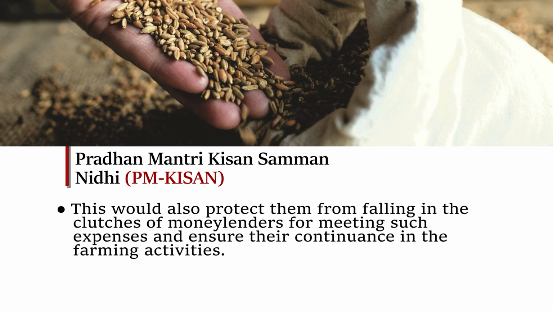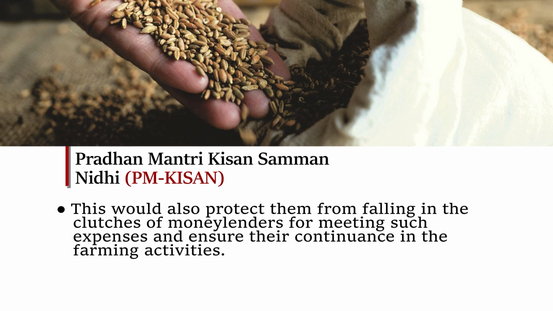Through this scheme, farmers are also protected from falling into the clutches of moneylenders. When we are giving at least some monetary benefit, they need not go to moneylenders to borrow money for expenses.